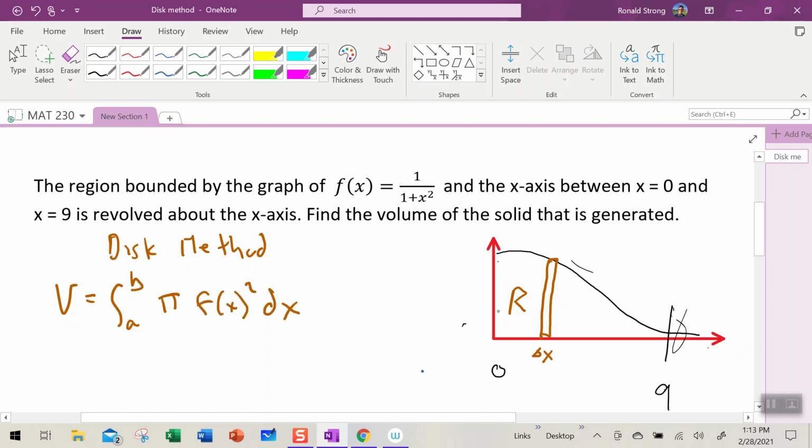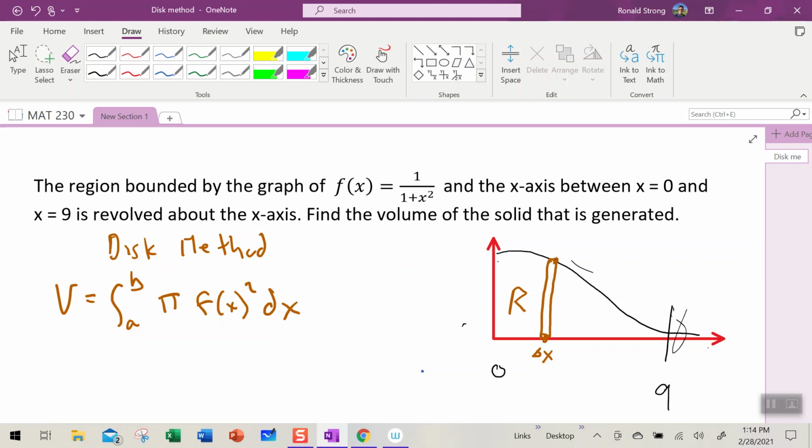Remember that f of x squared represents the radius squared, because the radius is the distance from the axis of rotation to the curve, the height of the rectangle, which is acting as the radius of the disk being created.